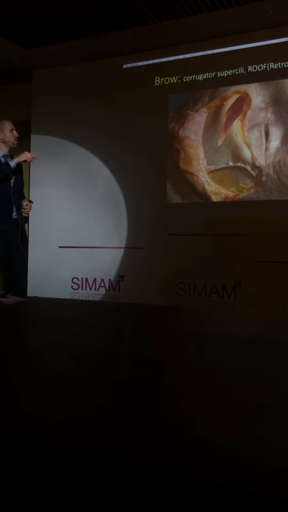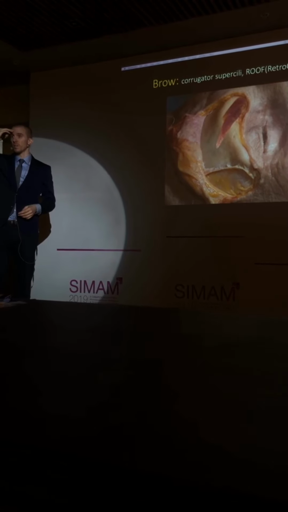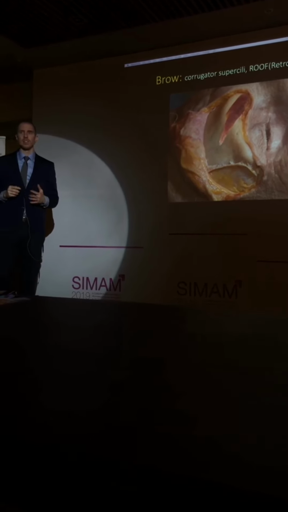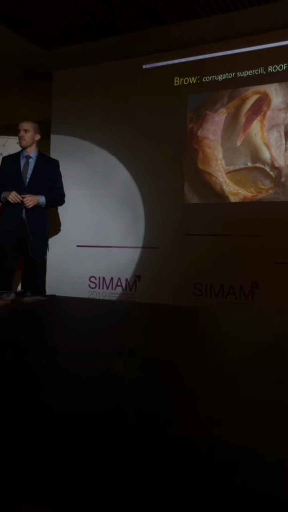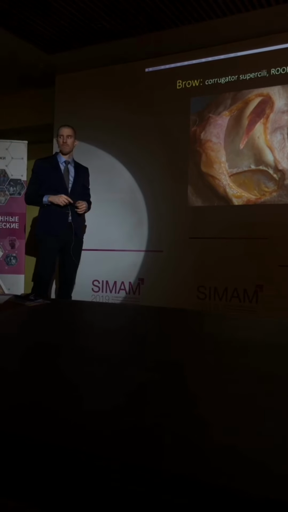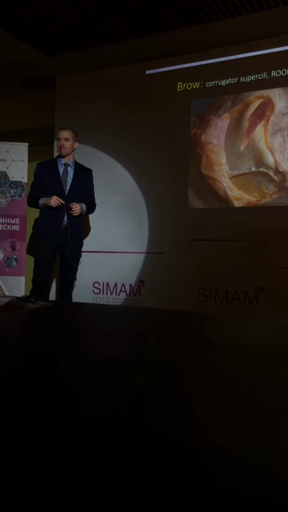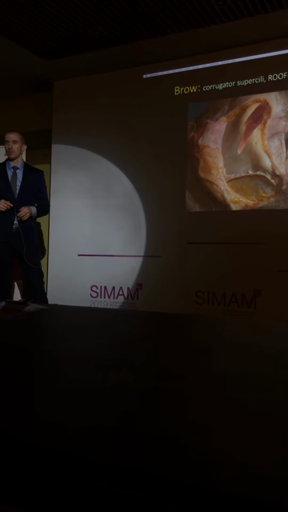I know that injections are usually made much more cranially because we are afraid of ptosis, but still, the muscle is much more caudal. The head of the muscle lies under the elevation of the superciliary arch.